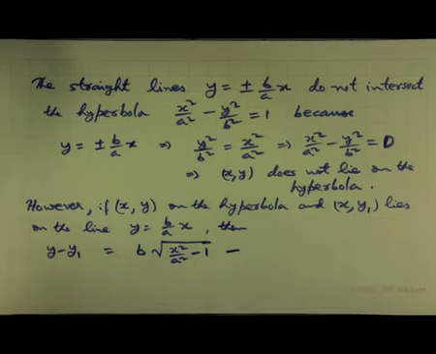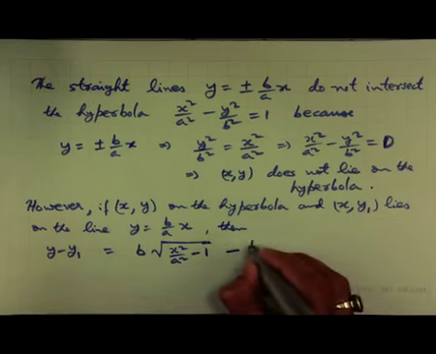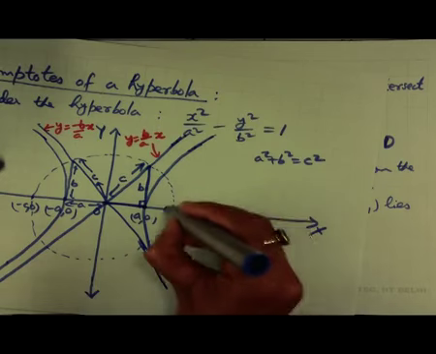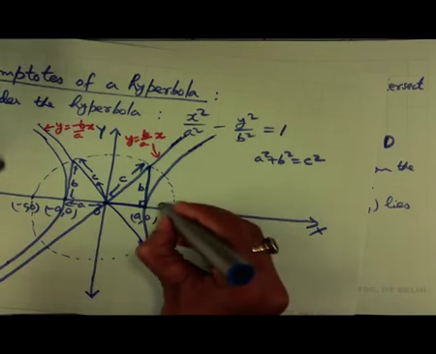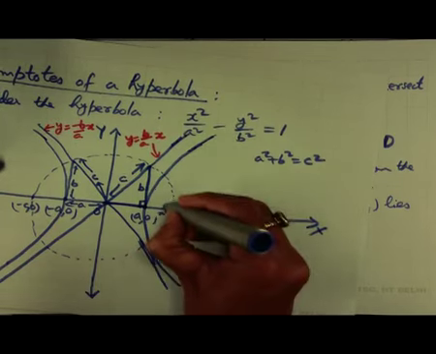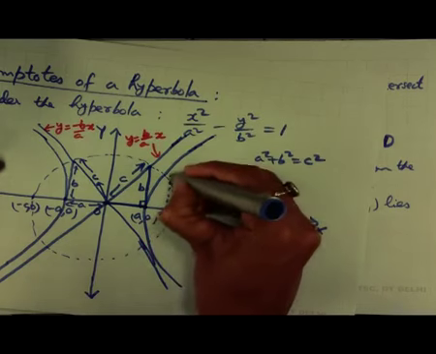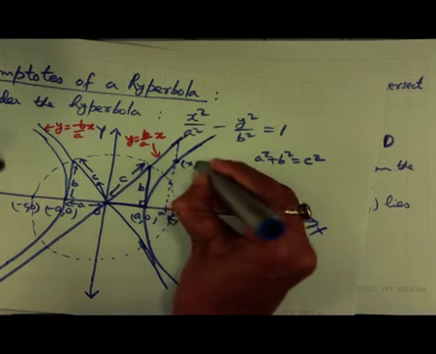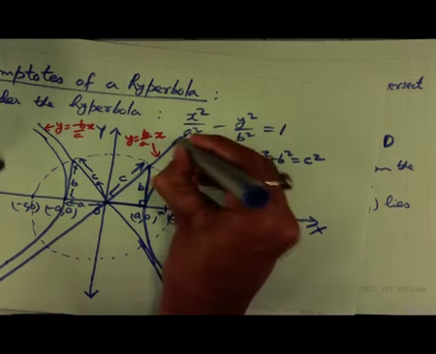So, y 1 is b by a x. Actually, if you see, if I take any x here, this is my x comma y and this is my x comma y 1.